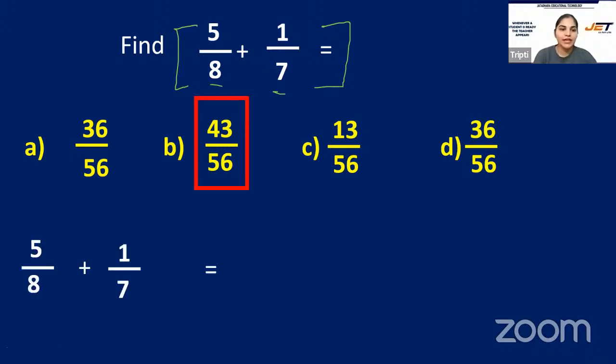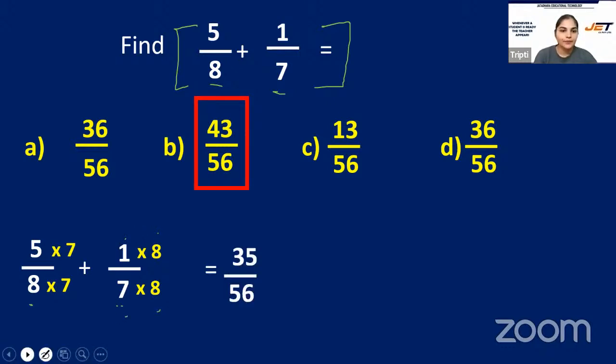So 5 by 8 plus 1 by 7. 5 times 7, 8 times 7. This is the denominator here, that's why. And 8 is the denominator of the first fraction, that's why I'm going to multiply the second fraction with the denominator of the first fraction. 1 times 8 is 8. 7 times 8 is 56.